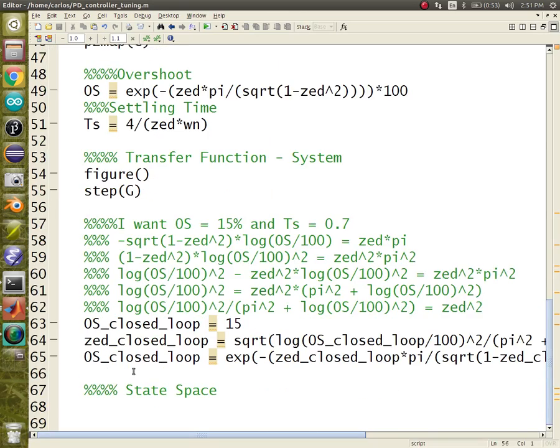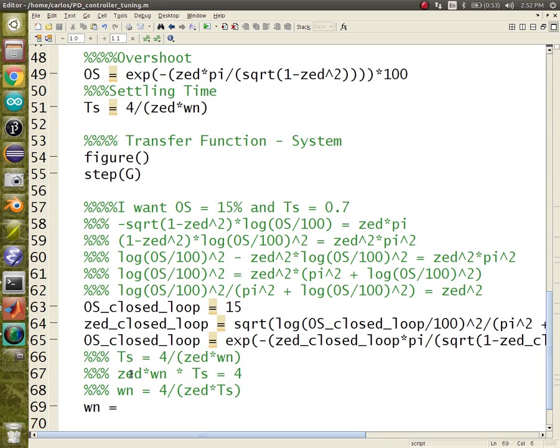Now that I have my z, I know that settling time is 4 divided by z times omega n. So z times omega n times settling time equals 4, and omega n equals 4 divided by z times settling time. I guess I could have left the z there.